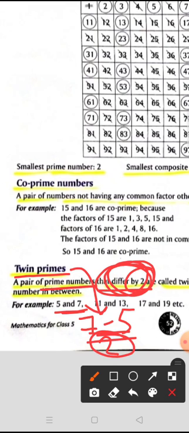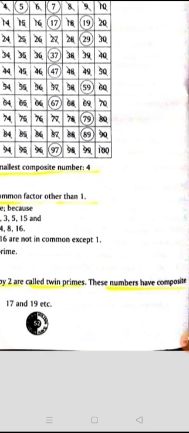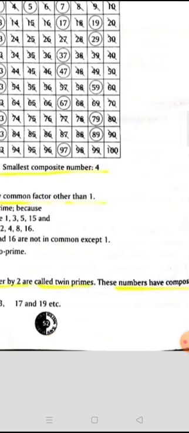You understood? And in between these pairs there is a composite number. After 5 comes 6, a composite number. After 11 comes 12, a composite number. It means there is one composite number in between the two prime numbers.